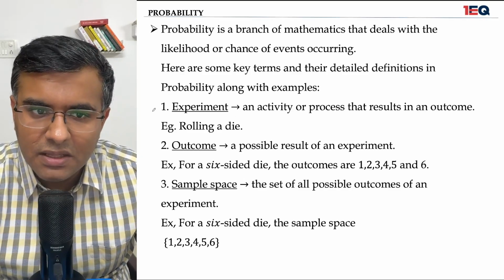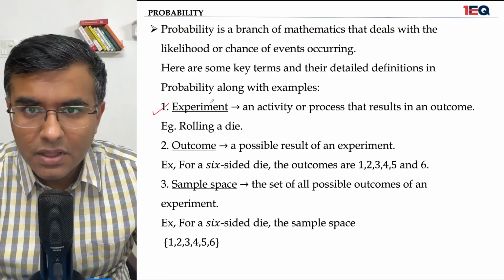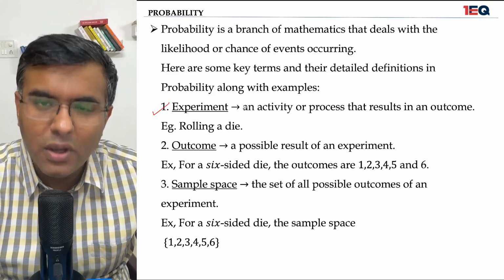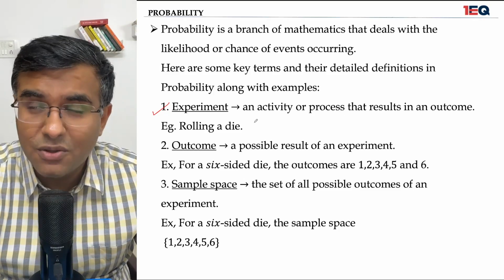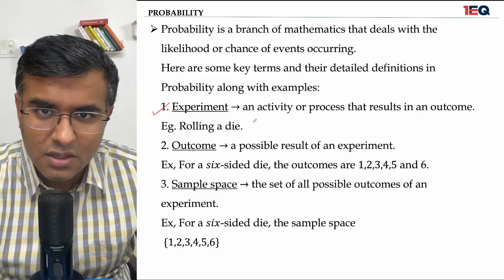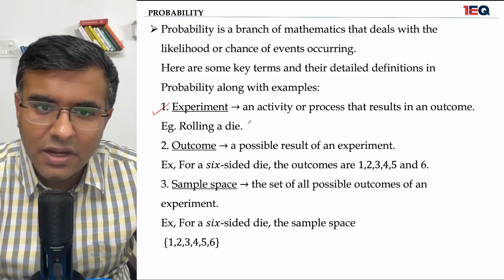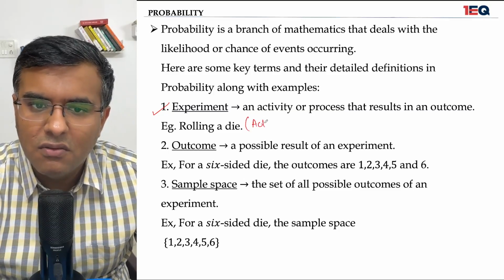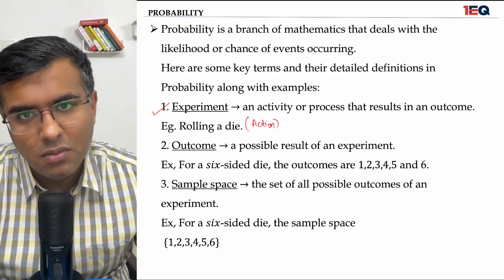The first one being an experiment. In an experiment you are basically trying to attempt something. There is a hypothesis. When I say a hypothesis, it means that you're thinking about something that it might occur. So you take a step forward and you do the action. An experiment is nothing but an action which you have in your mind and you're now performing it.